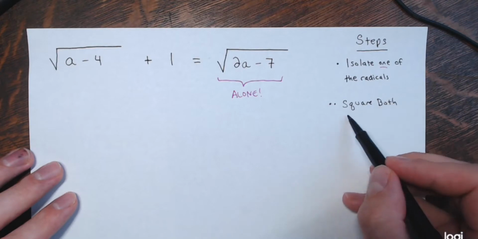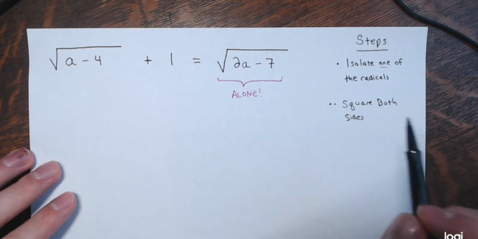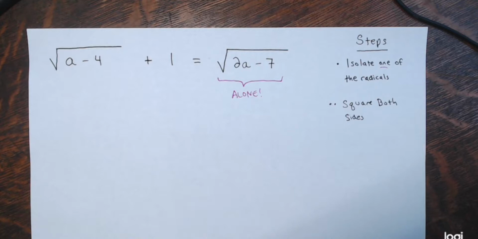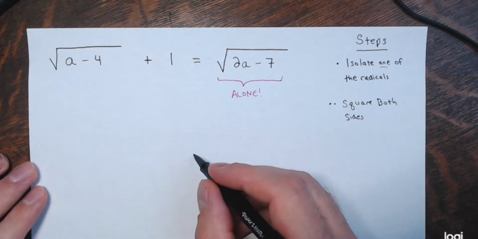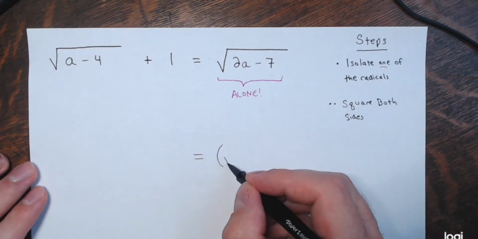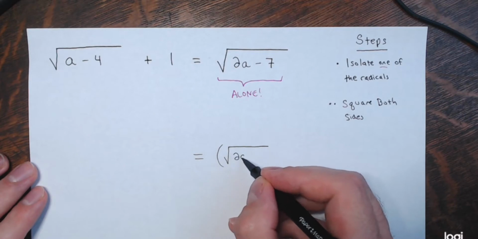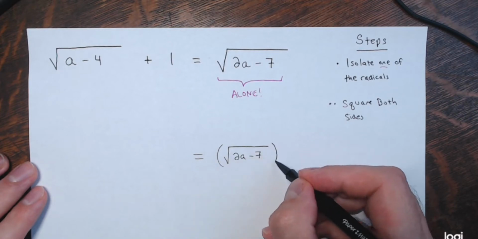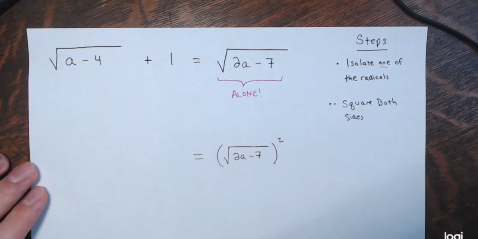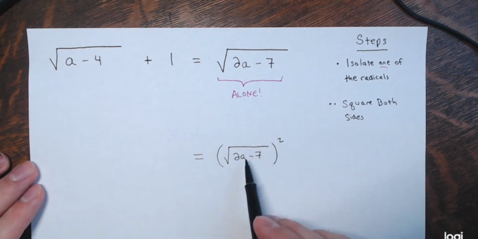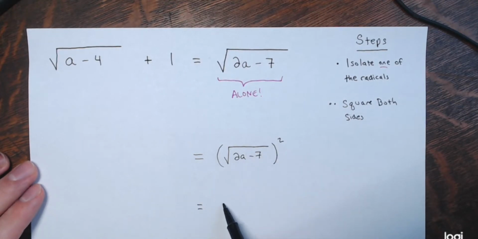Alright, now here's the tricky part. The right side's easy. The right side is just going to be the square root of 2a minus 7, raised to the second power. That'll undo the radical, and I'll be left with just 2a minus 7. No problem, right?